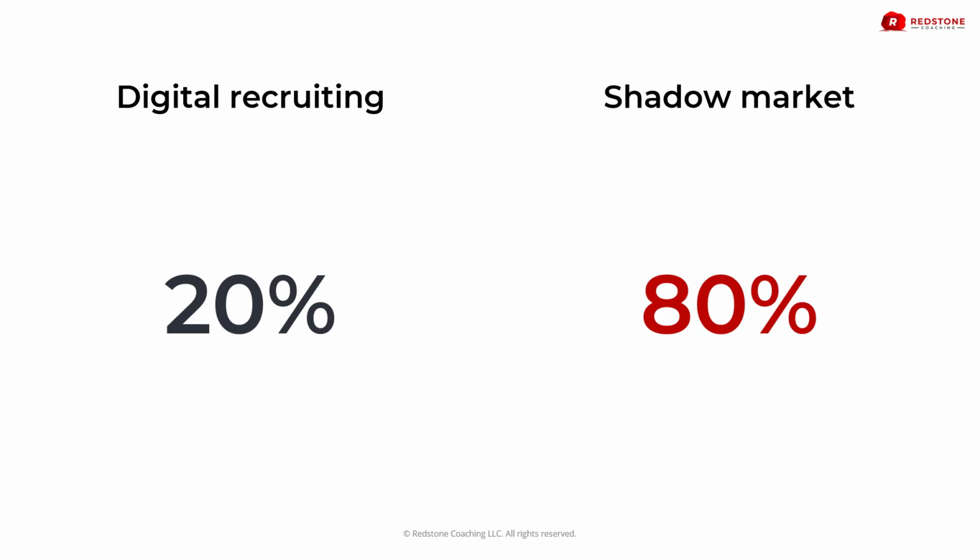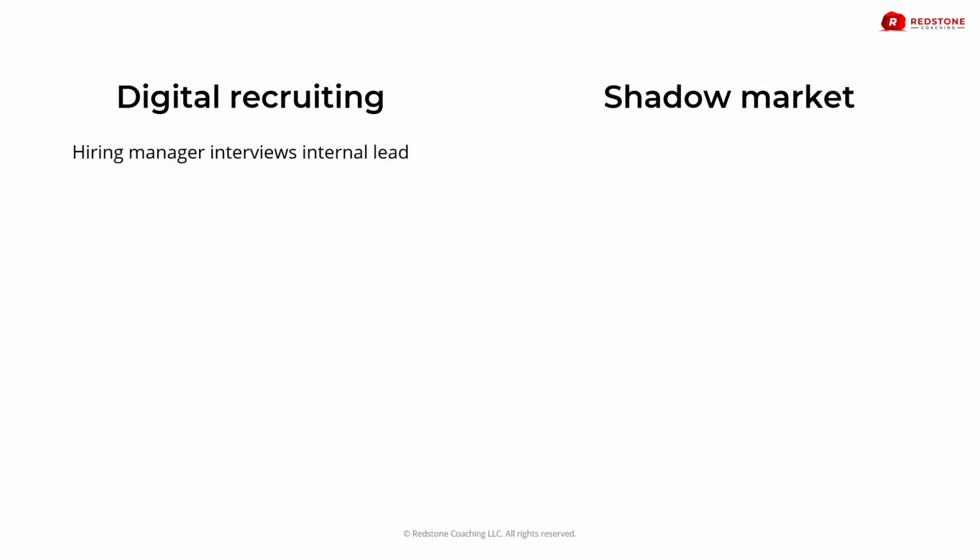Build deep relationships, ask for advice, post, continue to build that relationship, and then eventually you stay top of mind when an opportunity arises. They offer to help you, or you reach out, ask for help, and they're willing to help you. So, knowing that, you're swimming in a blue ocean where there's very few other people competing because you have relationships. That's your competitive advantage. So why is this?